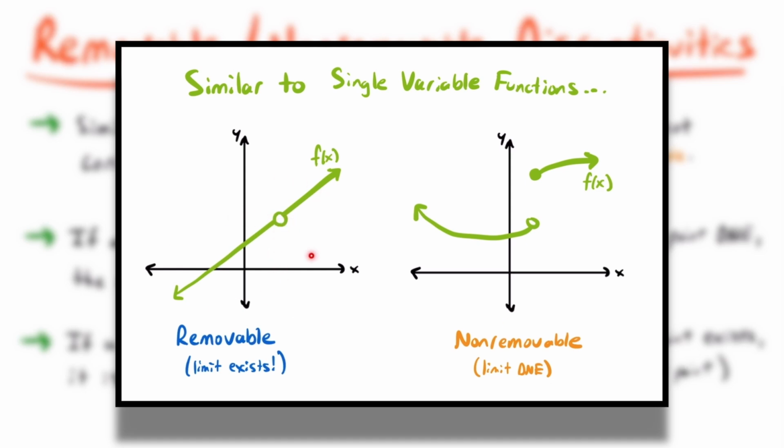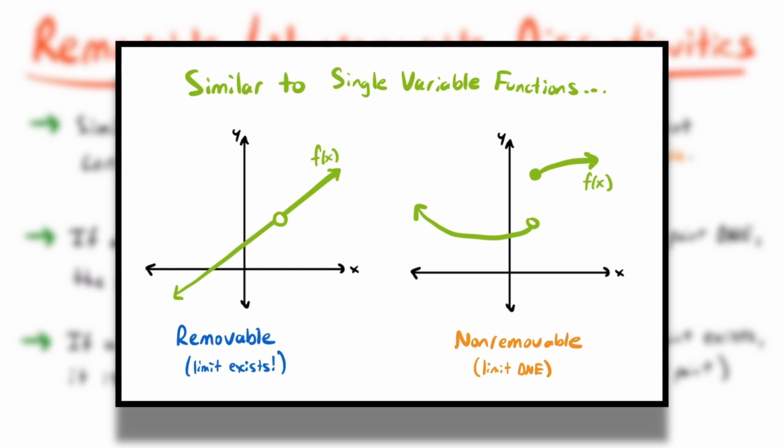All right, typically what this would look like when you were working with single variable functions is you would have a rational function where you can manipulate it in some way such that some factors cancel out and it no longer has that discontinuity where the denominator is 0, because you essentially rewrote the function in such a way that that discontinuity is gone.